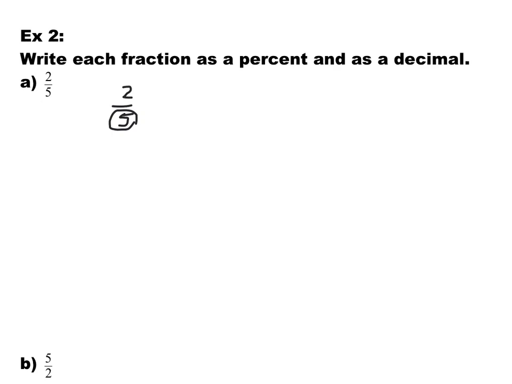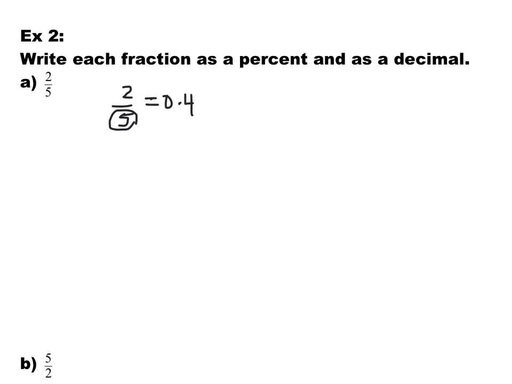Probably the calculator is the easiest way to do it. So divide 2 by 5. If you divide 2 by 5, you are going to get 0.4. So we say that 2 over 5 is the same as 0.4, which is the decimal form.